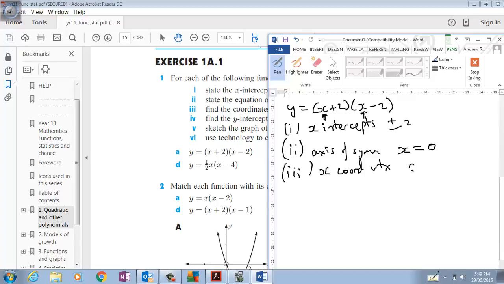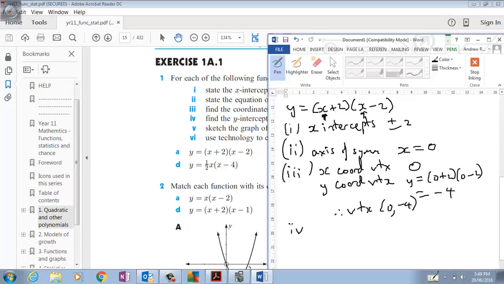So the x-coordinate is 0, and if we want to find the y-coordinate of any x value, we need to substitute it back into the equation. So we substitute 0 into here, so we have y equals (0 plus 2) times (0 take 2), so that's 2 times minus 2, which is minus 4. So therefore we can say that the vertex is (0, minus 4).